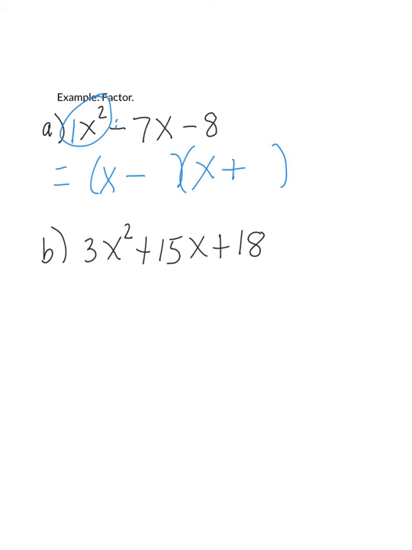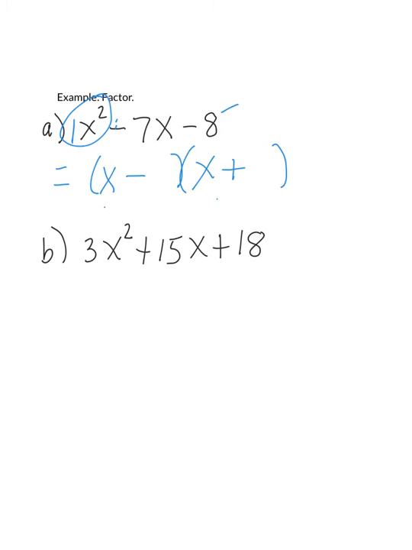And the multiples that give you the first term go in the first spots of the parentheses. So really, the only question is what multiples of 8, the last term, should go in the last spots.